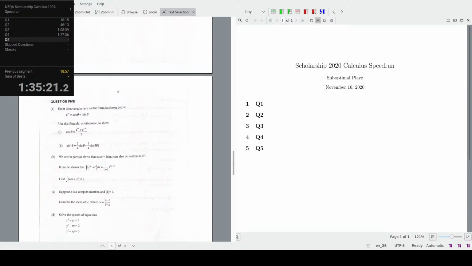Bruh, how do you do this? Can you literally just say it can be shown that that is true, right? But then, e to the negative ix times e to the x, can it be shown that the integral of that is... Mm, this is highly unfortunate.